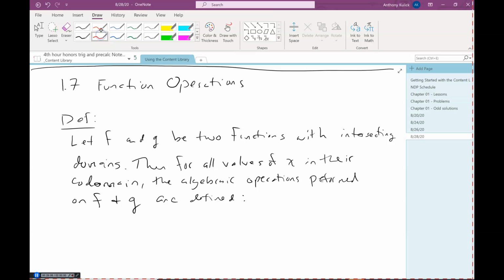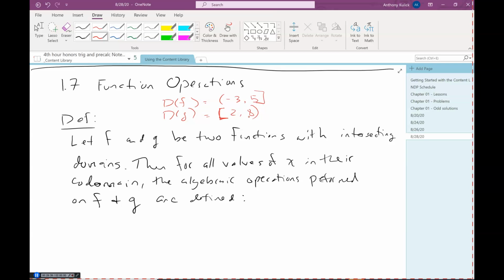So let's ask a different question then. Let's say the domain for f is the interval 3 to 5, and the domain for g is the interval 2 to 8. Are these intersecting domains? What do you guys think? Yes. Why would you say yes?